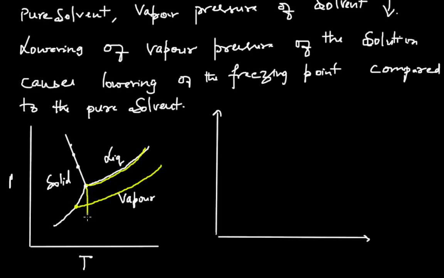If this temperature was the freezing temperature of the pure solvent, now there is a depression, which means at this point where the solid and the liquid are in equilibrium, there is a depression in freezing point. So this is your new Tf.